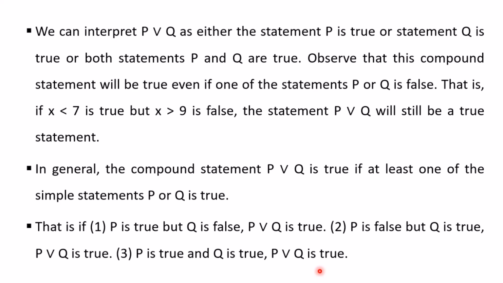If P is false and Q is true, then the statement is true. If P is true and Q is true, then our statement is true. So if any of them is true, the statement is true. If both of them are true, the statement is true. If both of them are false, then the statement is a false statement.